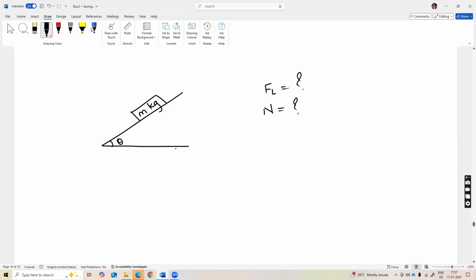Sir, one small clarification. If I'm taking n is equal to mg sin theta, is it correct? You are taking n equal to mg sin theta. Yeah, it is correct.